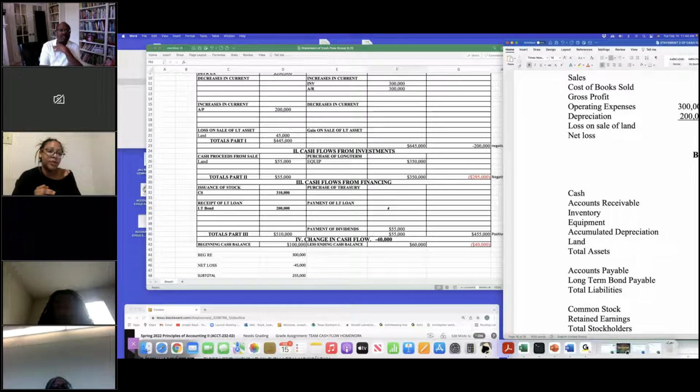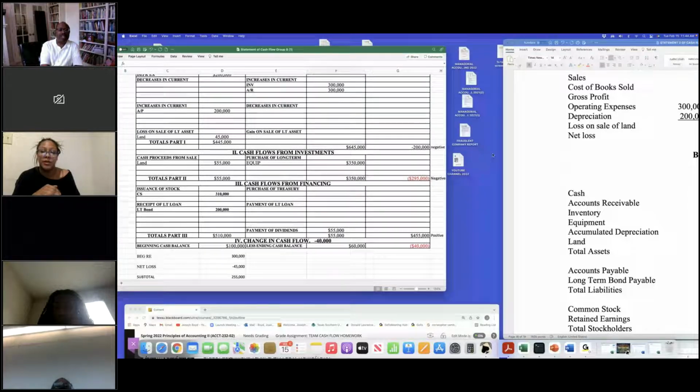It went up by 310,000 and I put it in part 3 as a source. So did all of part 3 add up? Yes, sir. As you can see in the change in cash flow, it went to negative 40,000.